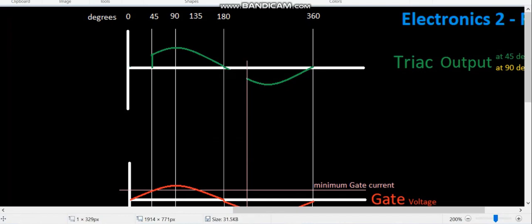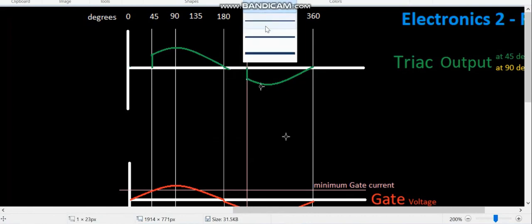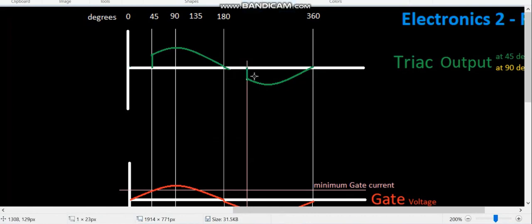And the reason that I go to such lengths to show you this and its relation to the gate waveform is to make sure that when you see a waveform that looks like this, that you know whether or not you're seeing something that's correct, right?